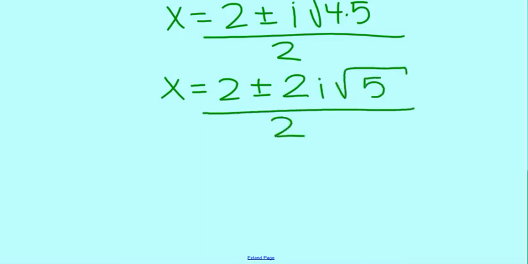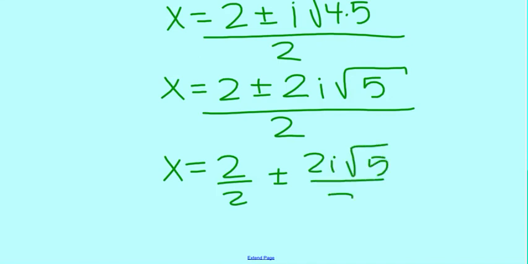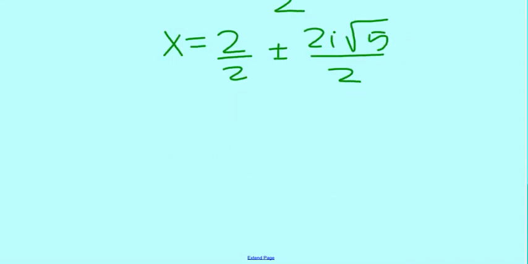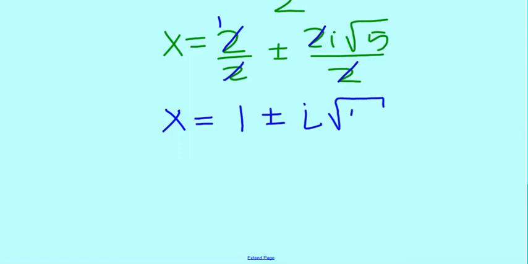And then you can break apart that fraction. I'm almost done here. So now I've broken apart that fraction. Now I can simplify. 2 divided by 2 is 1. 2 divided by 2 is 1. So our final answer is x equals 1 plus or minus i square root of 5.